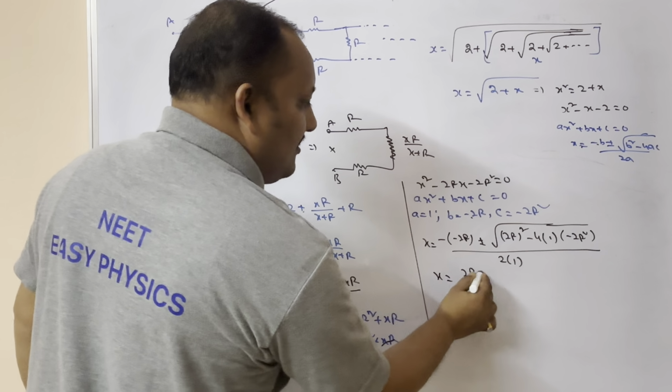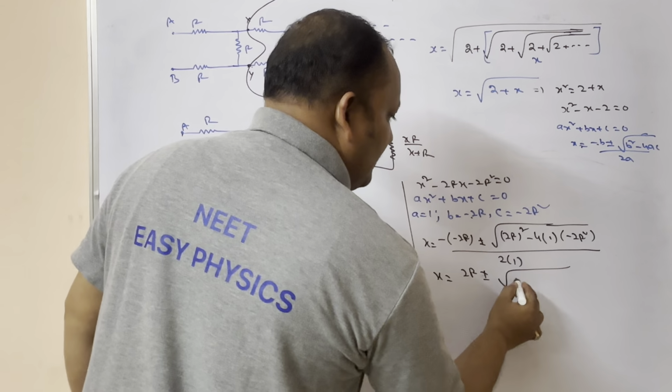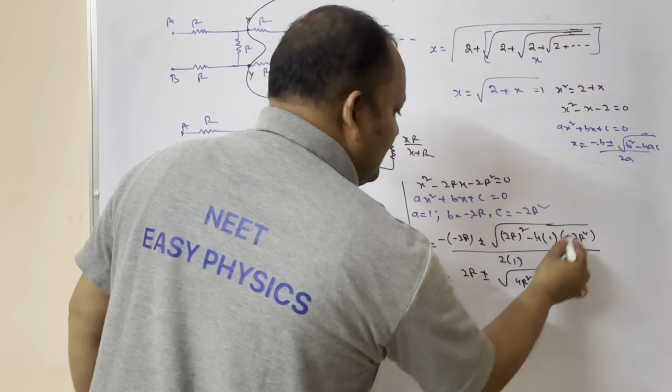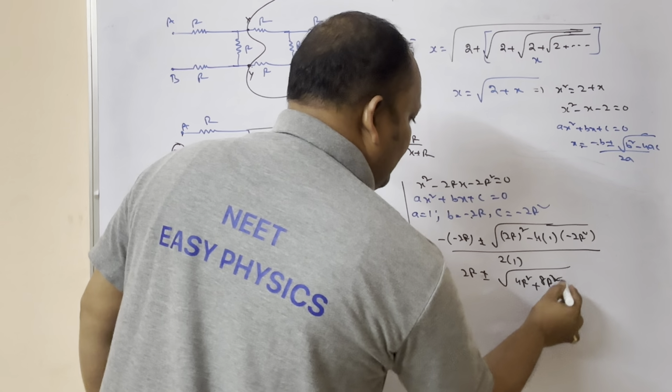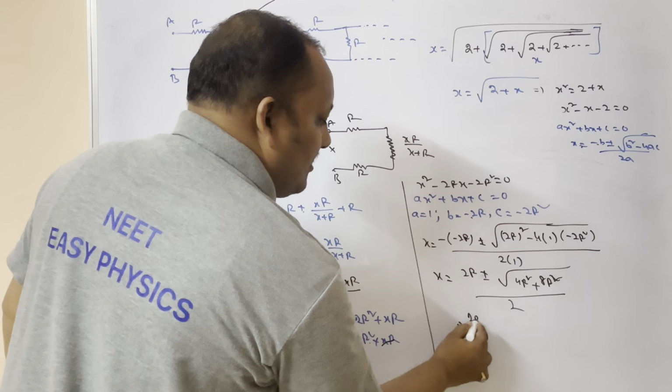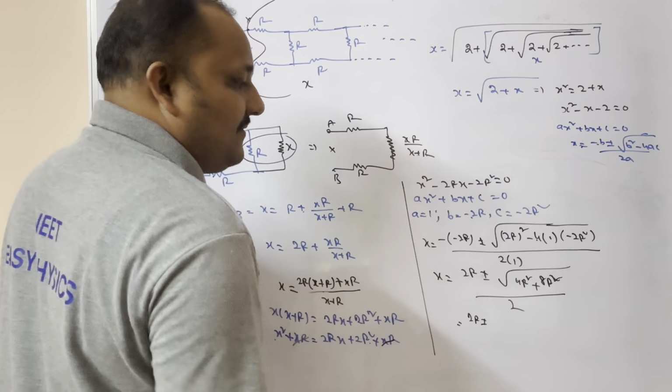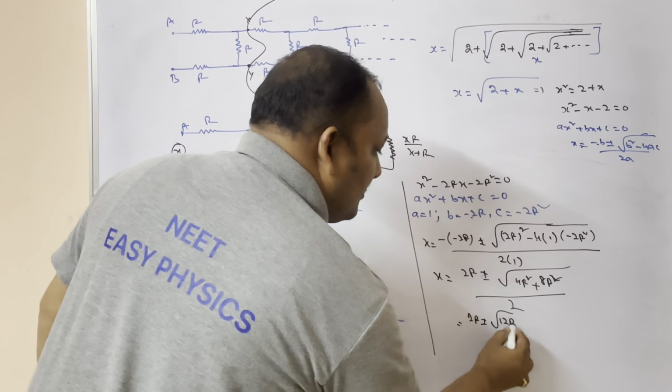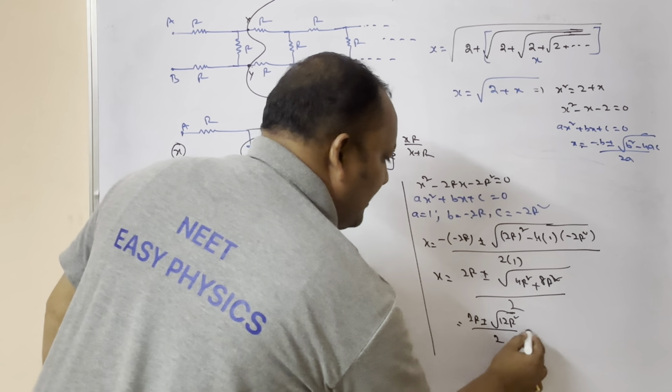X equal to 2r plus or minus root of 4r square plus 8r square, divided by 2. So 2r plus or minus root of 8 plus 4, 12, r square, by 2.